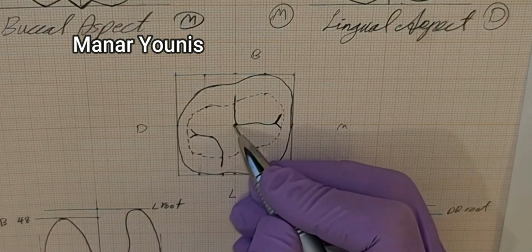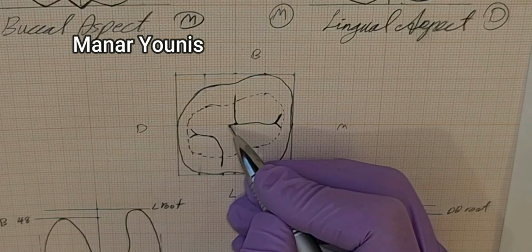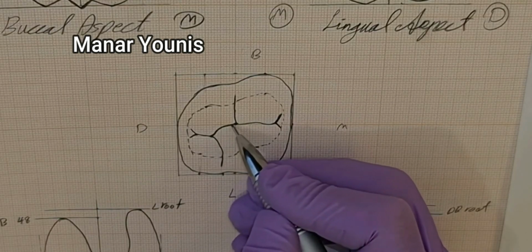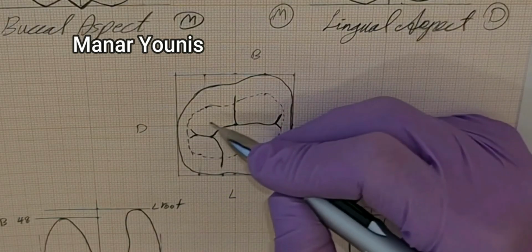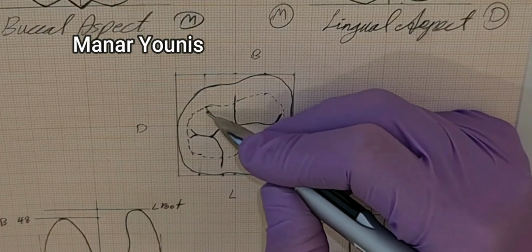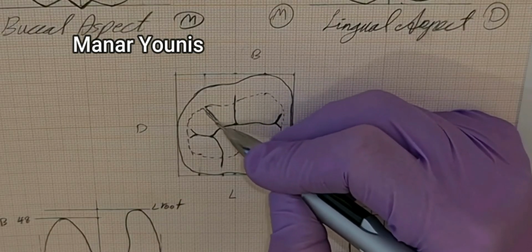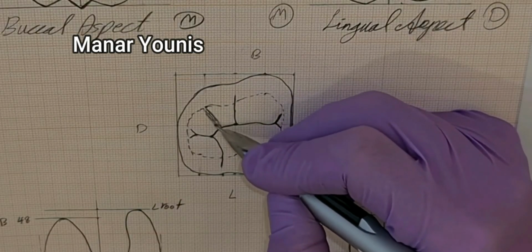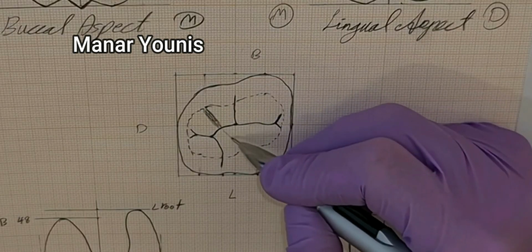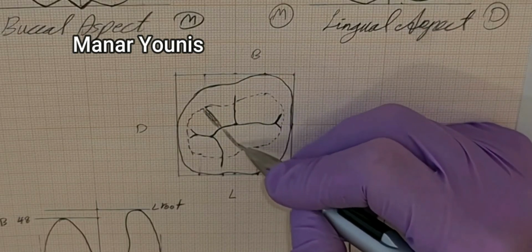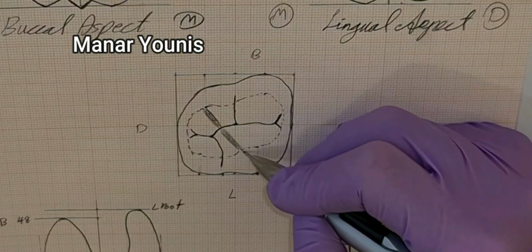The distal and central fossa are joined by the transverse groove of the oblique ridge, which will run across the oblique ridge. The oblique ridge is drawn here. It's formed by the union of the triangular ridge of the distal buccal cusp and the distal cusp ridge of the mesiolingual cusp.